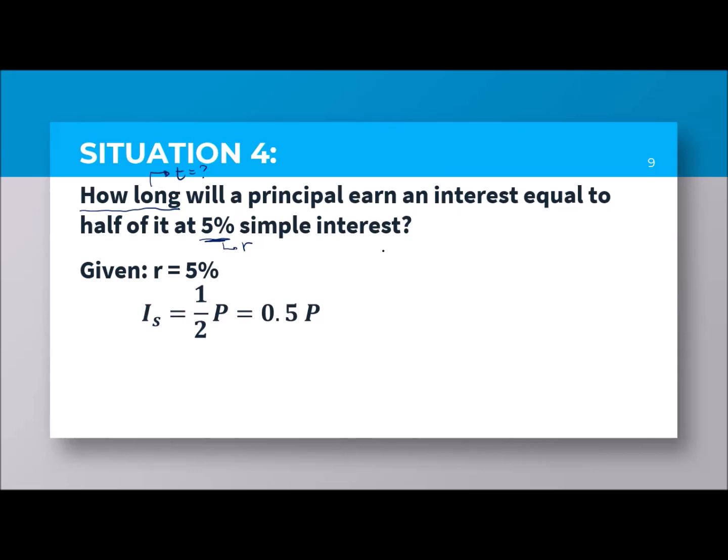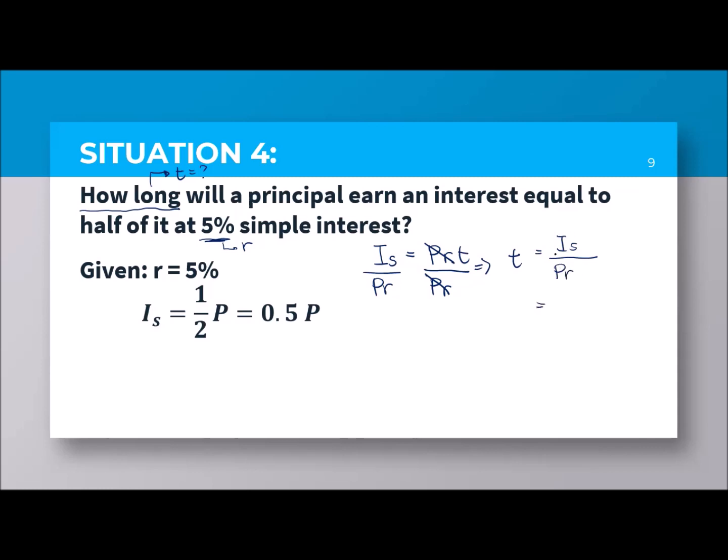Ngayon, ang gagawin natin, balikan ulit natin yung formula, I sub S is equal to PRT. Dahil kailangan natin si T, so divide natin yung PR on both sides. So, cancel yan. So, to get the value of the time, we need to divide the interest into the product of principal amount and the rate.